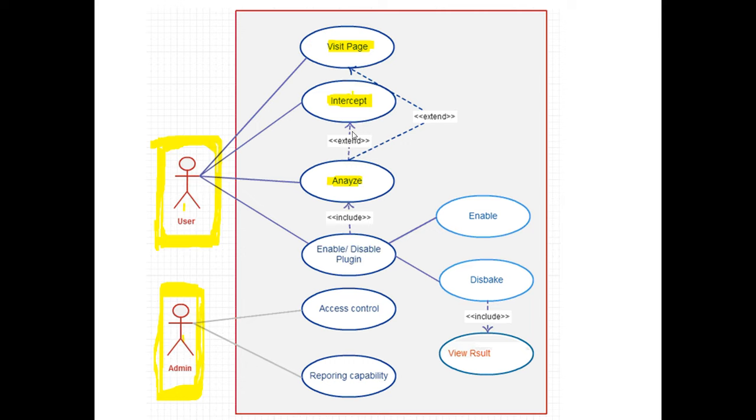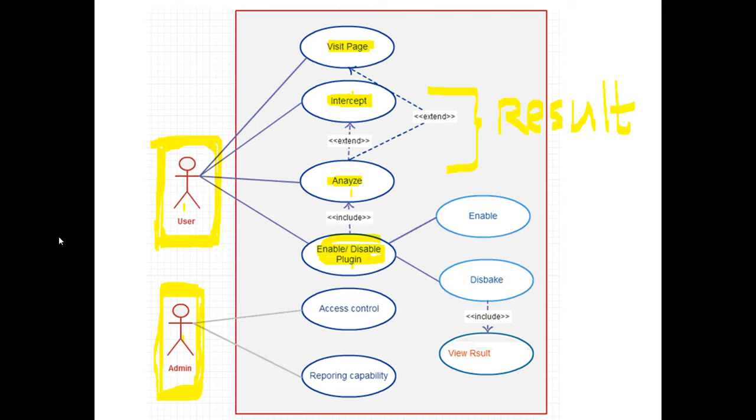This intercept and analyze module together will be called the plugin. It will form a result, like whether the page contains some malicious code or not. So it will give you the result. And of course you can either enable or disable the plugin through the browser-provided feature. Okay, so these are the operations that the user can do with our plugin.